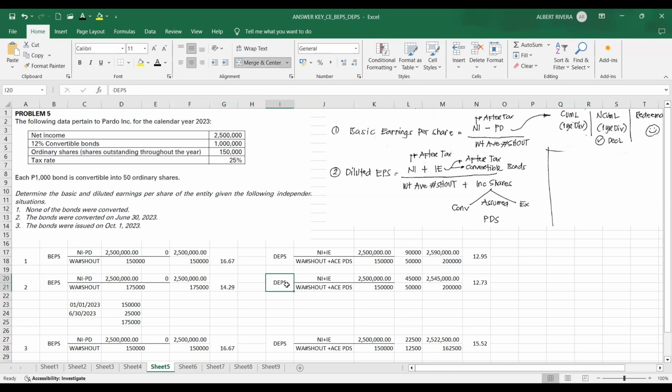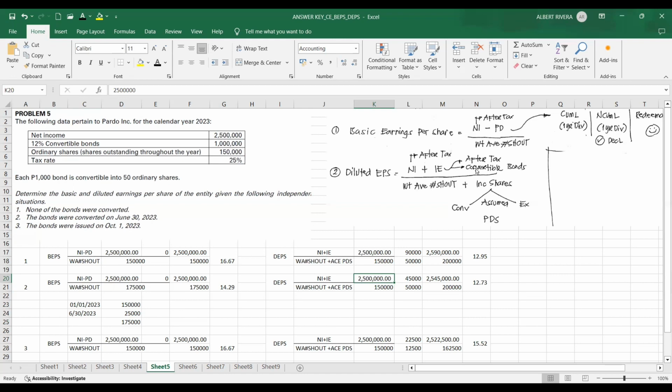Let's go to DEPS. Remember that the formula is only the assumed conversion or exercise of potentially dilutive securities. Your net income is 2.5. Okay? There are convertible bonds. And the convertible bonds only exist until June 30. So the interest would run only for 6 months from January to June. So this would now be 1 million times 12% times 6 over 12 times 75%, to exclude the 25% tax rate.